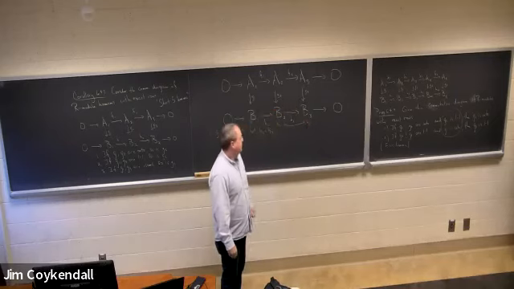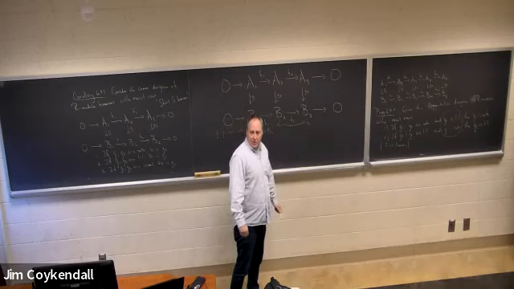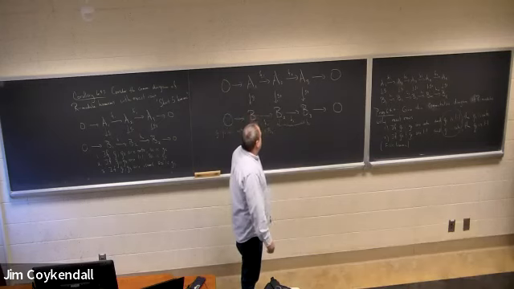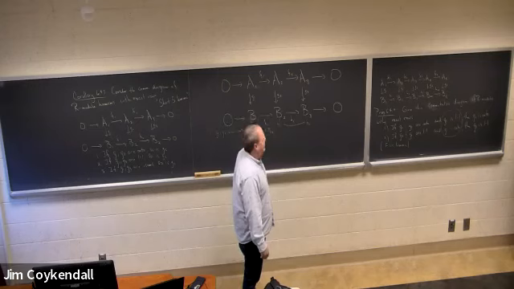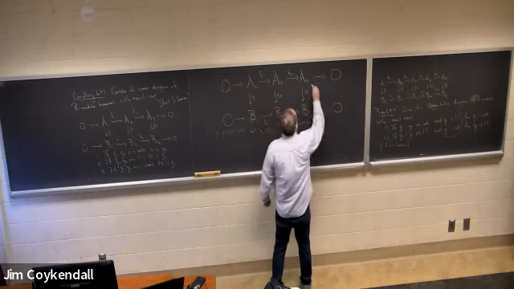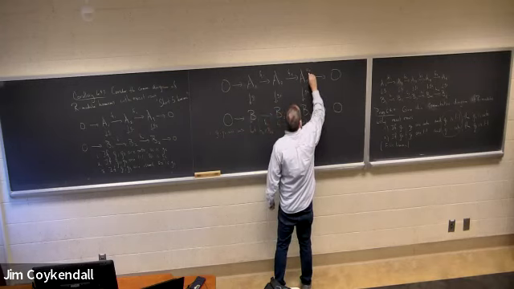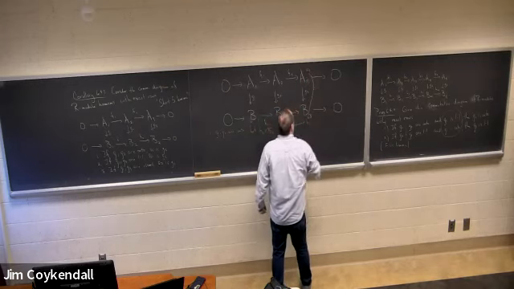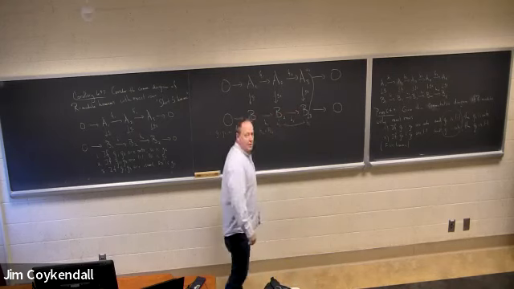Correct? There is something that goes to it. Now, what do I know? I know that G3 is onto, right? So I don't know much, but I do know there's something up here that goes to B3.